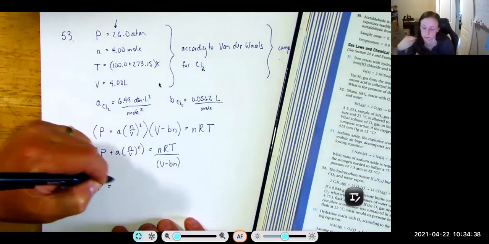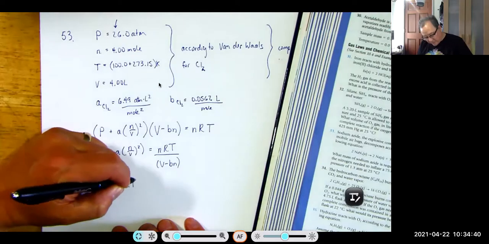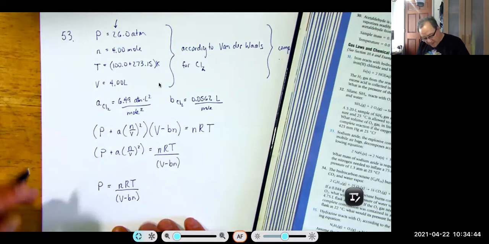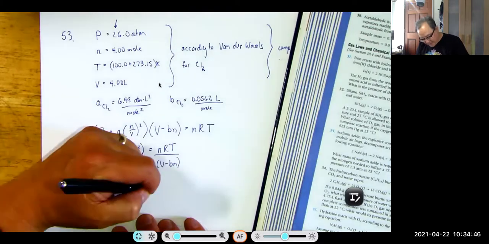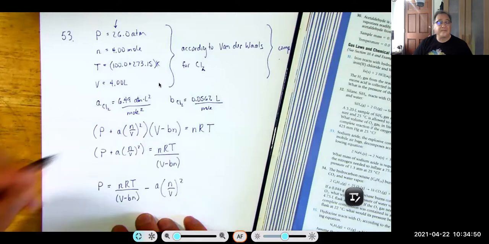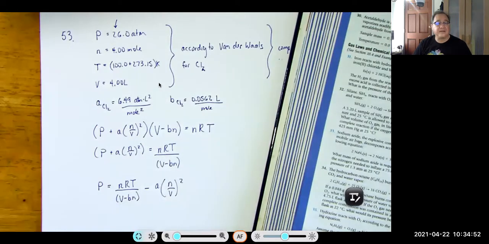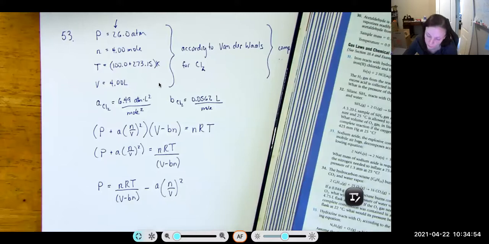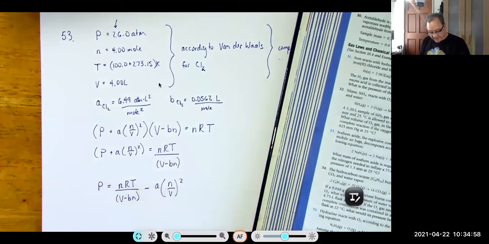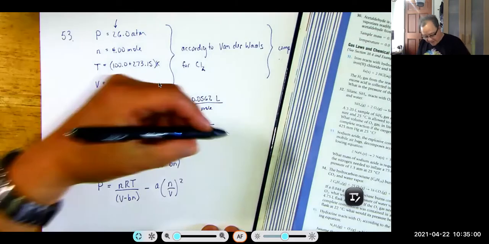So now I'm going to say nRT over V minus Bn, and I'm going to put minus A N over V squared. Okay. Because I'm just taking this and subtracting it from both sides. Mm-hmm. Okay, so now let's see what we get here.